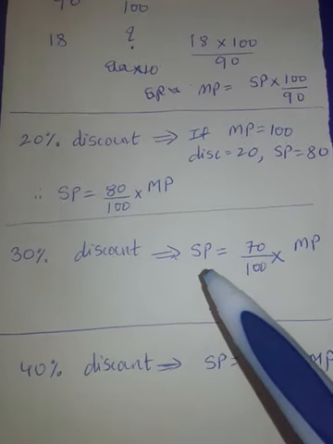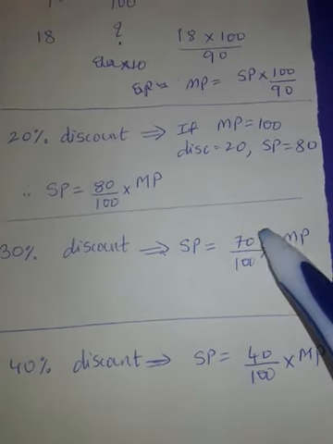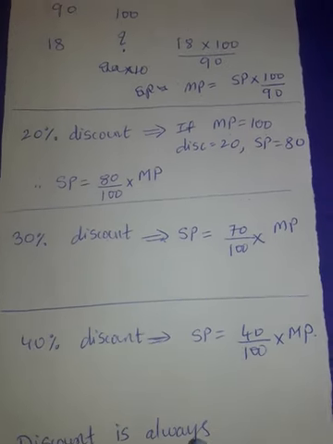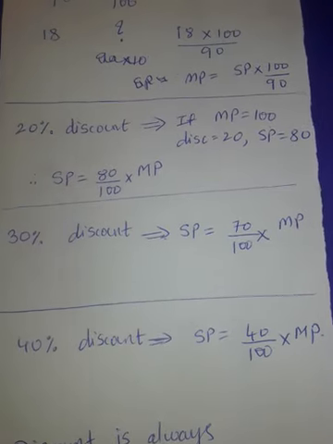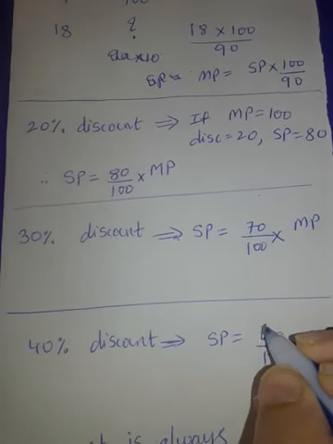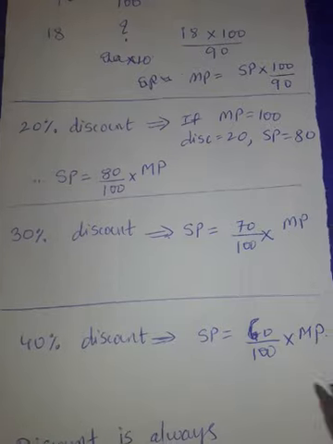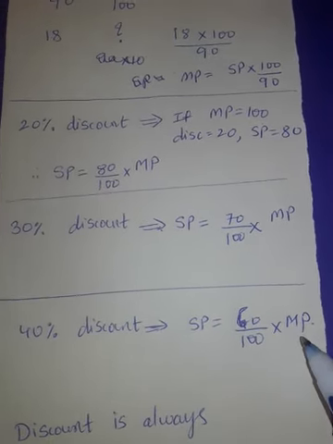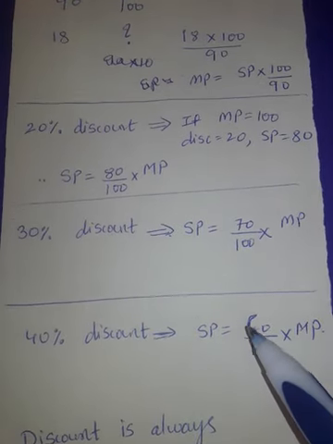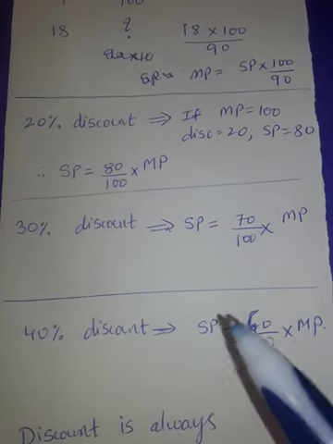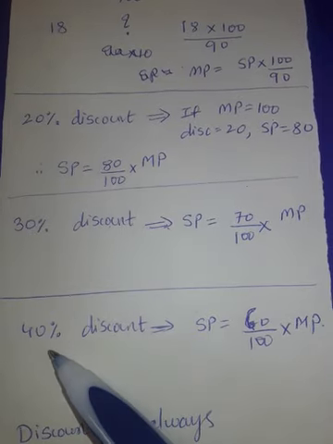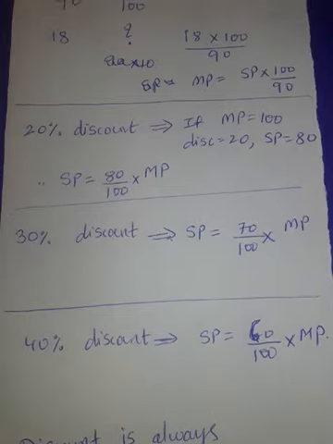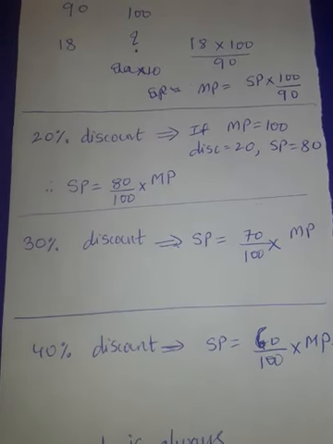If 30% discount, then SP is equal to 70 upon 100 into MP. 40% discount, then SP will be 60 upon 100 into MP. From where will we get this numerator? Just subtract this discount from 100. That's all. So SP becomes 60 upon 100 into MP and so on.